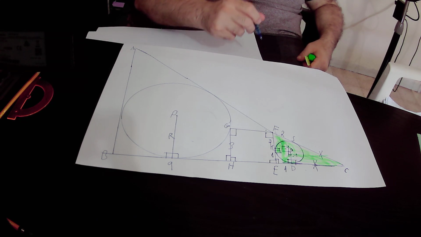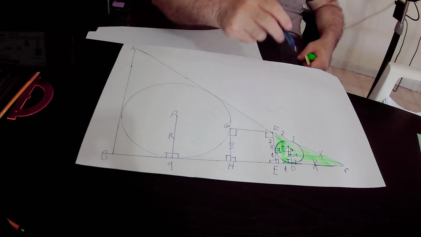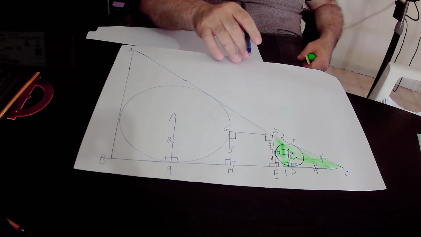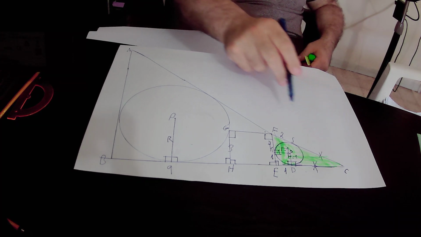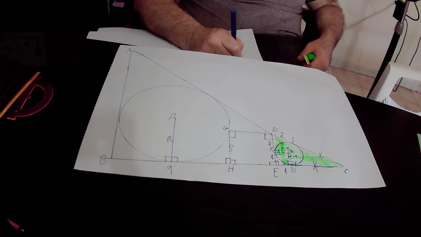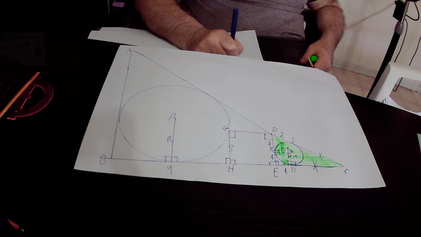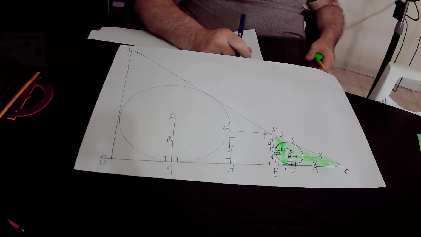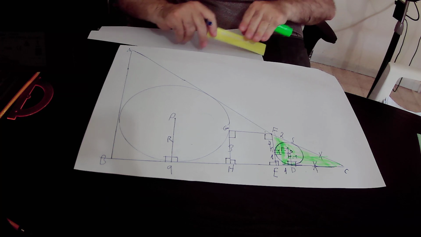The hypotenuse is FC, therefore the square of the hypotenuse is FC squared, and it must be equal to the sum of the squares of the perpendiculars.